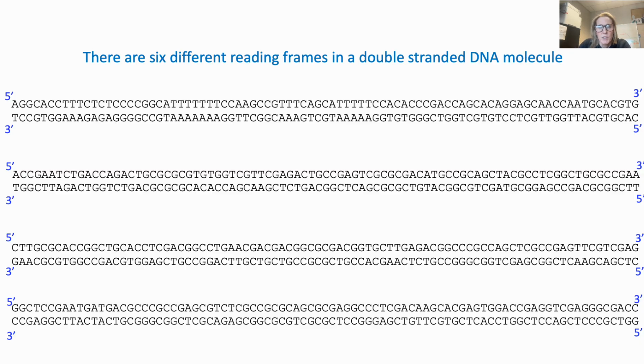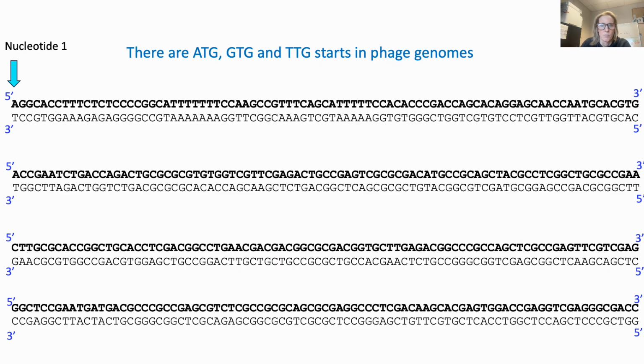Where are the open reading frames in the 5' to 3' strand? We can read a DNA sequence 6 different ways. In other words, there are 6 different reading frames, and we can find open reading frames in all 6 frames.